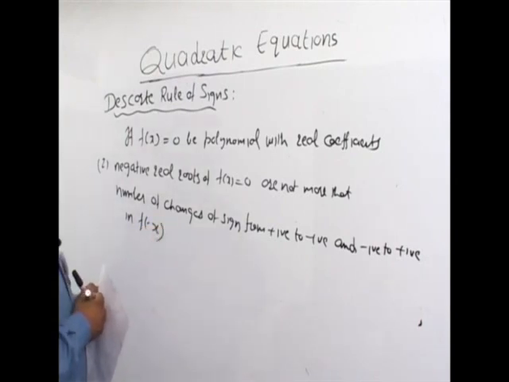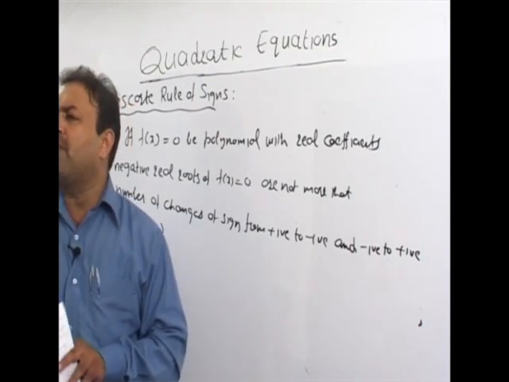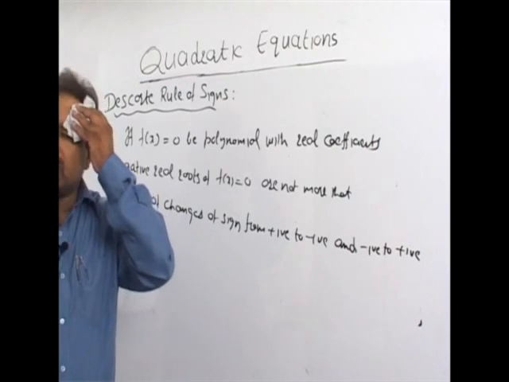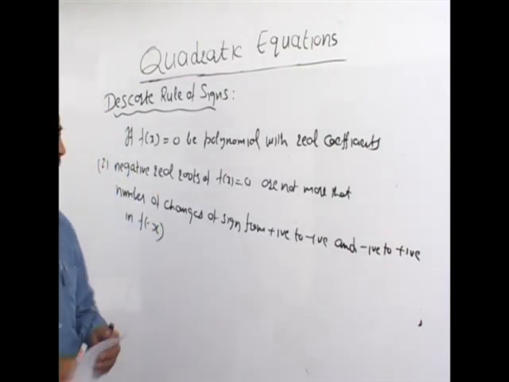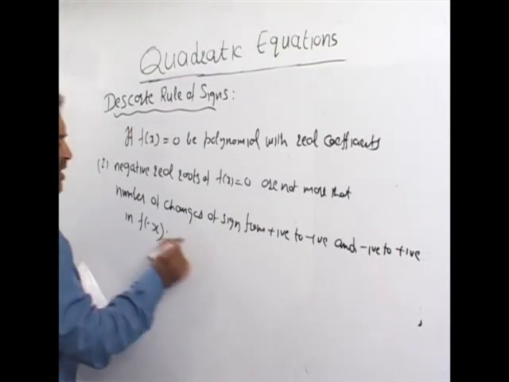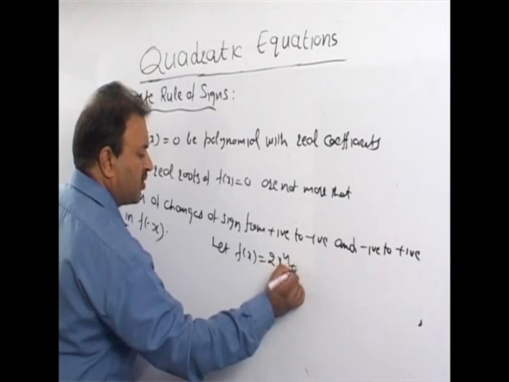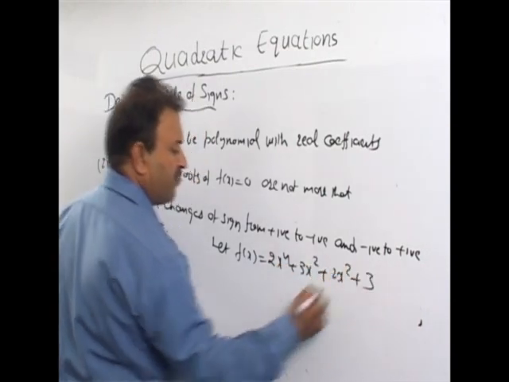So whenever any question is given, we have to calculate how many negative roots the equation can have at maximum. First of all, we will replace f(x) by f(-x). Like, let f(x) = 2x^4 + 3x^3 + 2x^2 + 3.